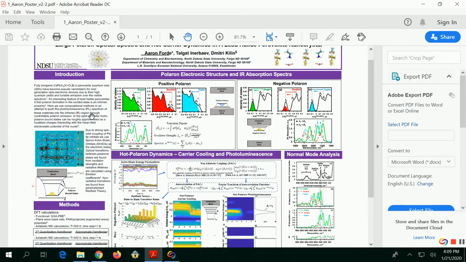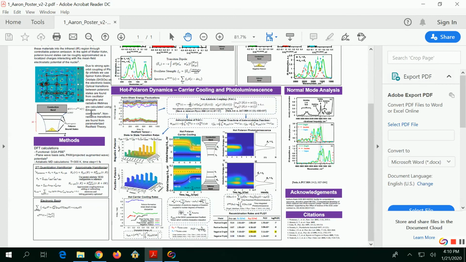And so that's the elongated intro. For the methods, we do DFT modeling. The models consisted of an inorganic core. The thing with polarons is that due to lattice deformations, I'll back up.